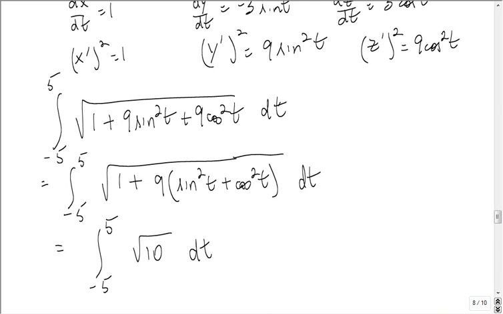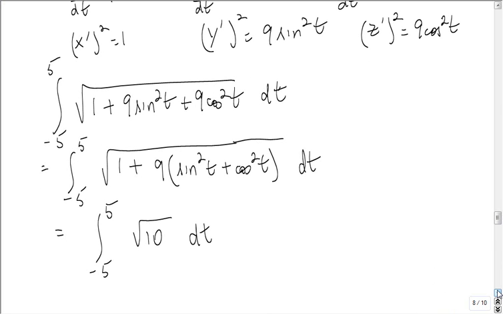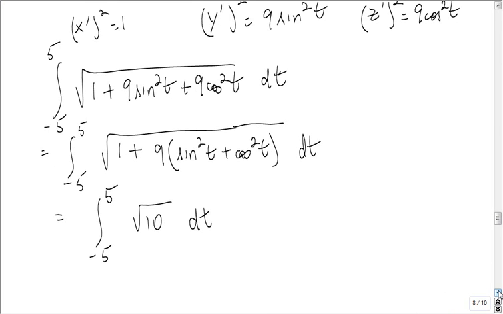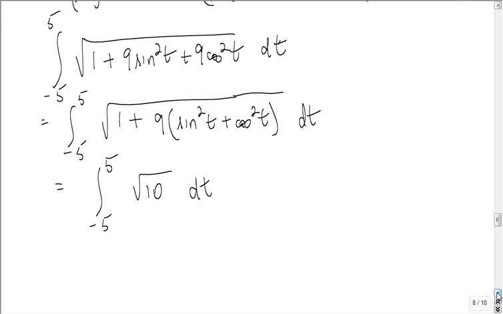You have to recognize these things, and I'm telling you, these things are going to come up. So start going over these trig identities. They're very important. Okay, so your final answer after this is going to be, that's just a constant, so I'll just put square root 10 times 5 minus negative 5, which is 10 square root 10.